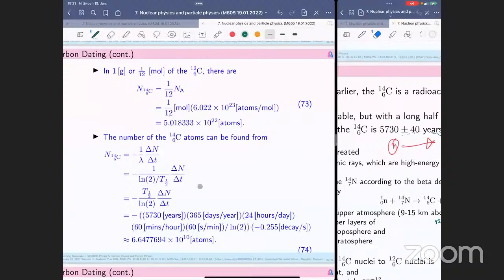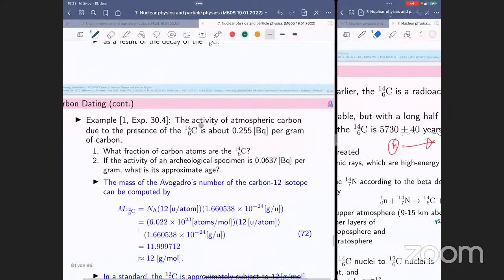And the rate of change is the value that the problem has provided, 0.255. But you need to know that the rate of change should be negative because the nuclei disappear. The number of atoms or nuclei will reduce. They are not going to increase; they will disappear. So these numbers should be negative.